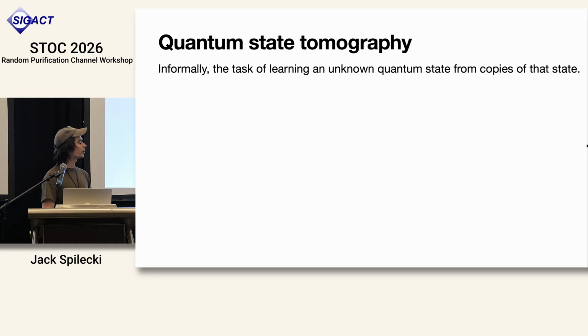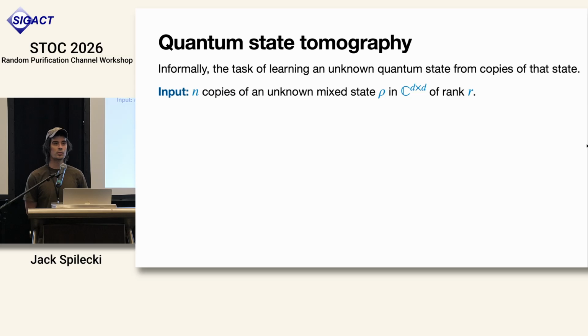Okay. So formally, quantum state tomography, you're given n copies of some unknown mixed state rho in a d-dimensional Hilbert space with maybe some promise that it has rank at most r.